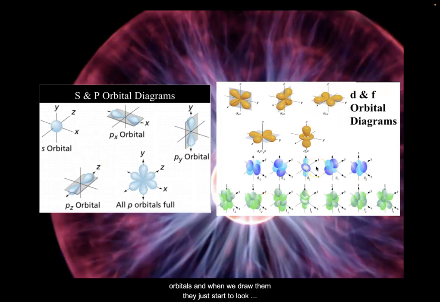When we draw them, they just start to look crazy and they go overlapping and take up the same space. So that's how we have combined this idea that there are electron orbitals and electrons are probably going to be in that space, but that space is actually three-dimensional and overlaps. So even though that might be where an electron is, that's why we see this idea of an electron cloud in a specific place, because they overlap and you find those electrons in different places.